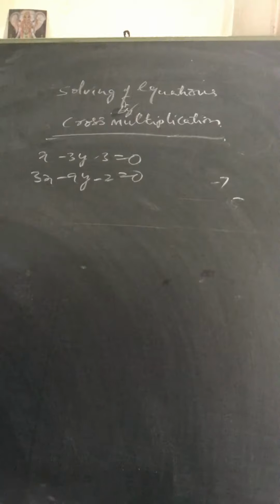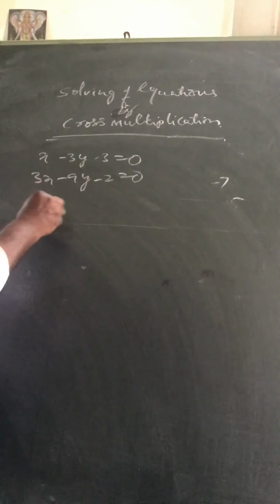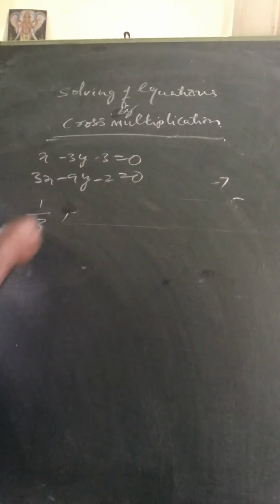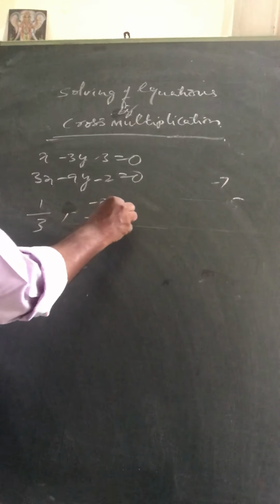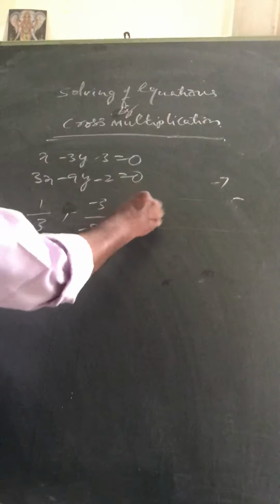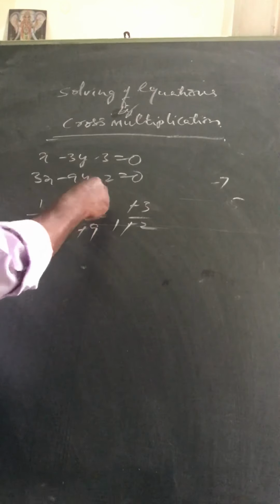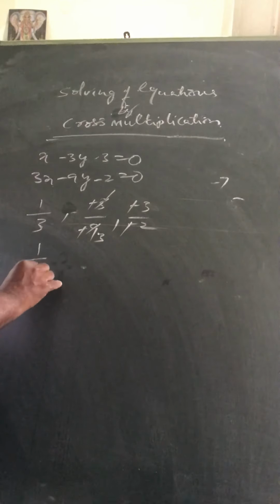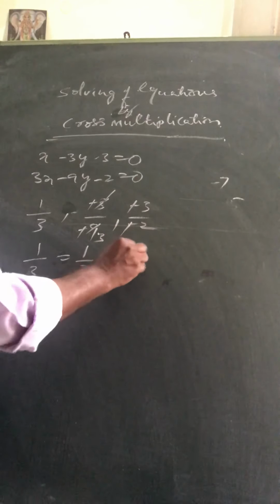First we have to check that it is solvable or not. Take the coefficients here, a1 by a2, that is 1 by 3 is equal to minus 3 by minus 9, and this is minus 3 by minus 2. Minus minus cancel, 3 1s are 3, 3 3s are 9. So what happened here? 1 by 3 is equal to 1 by 3 is not equal to 3 by 2.